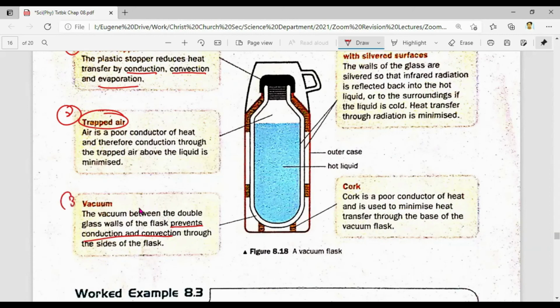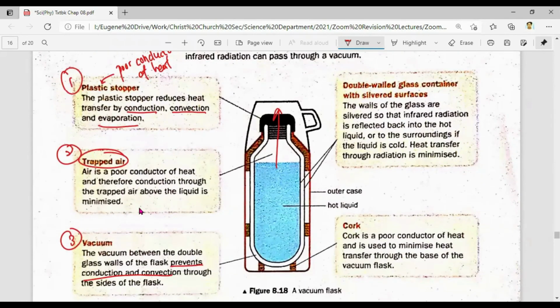But because I have vacuum over here, I am preventing conduction and convection from the hot liquid through the walls. But conduction and convection can still occur here. This part can still convect, just slower. This part has no conduction, no convection because of the vacuum.